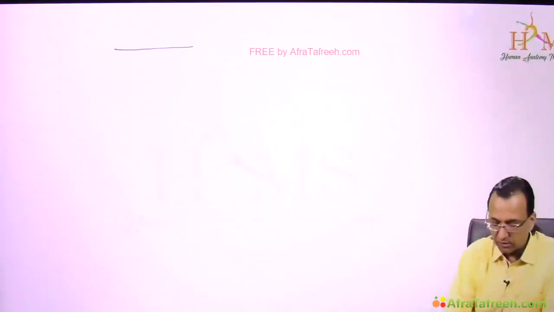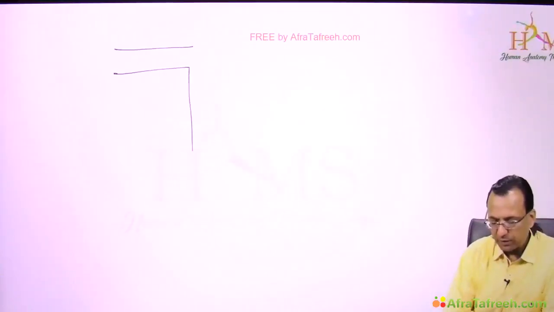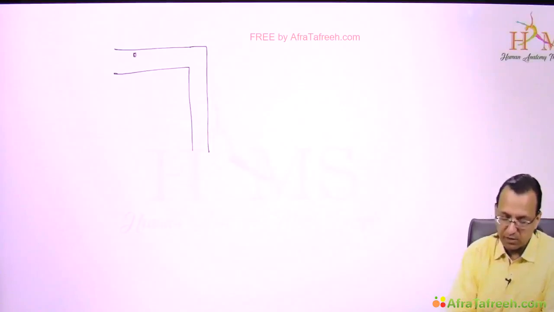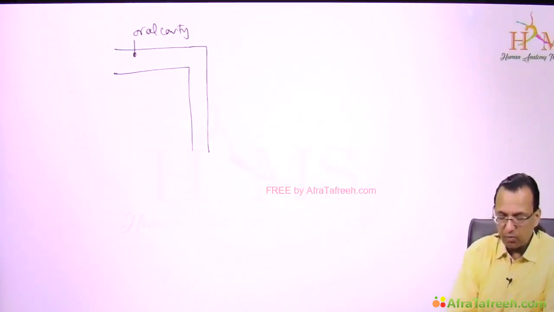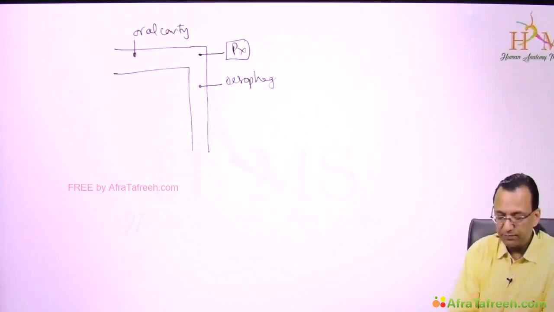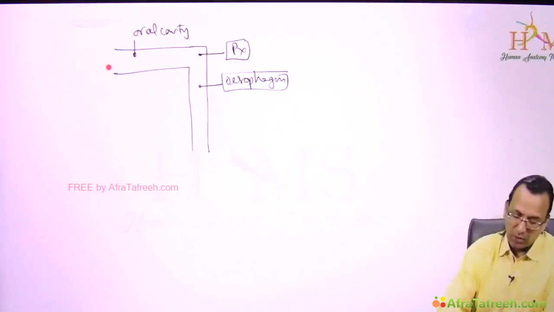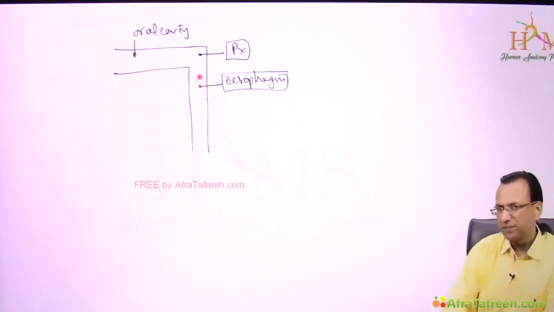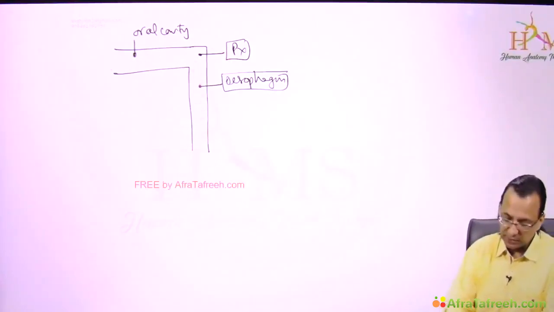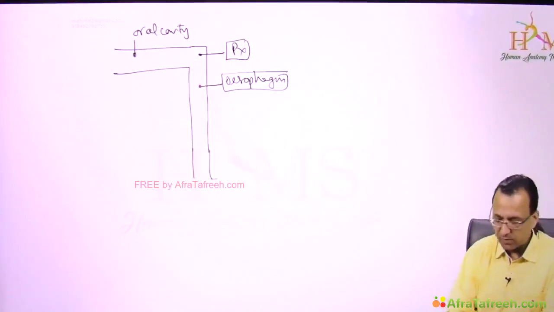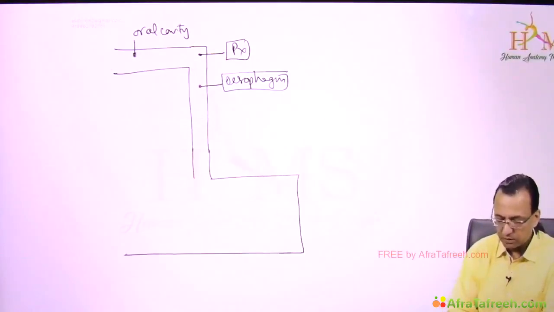This is the gut tube. Which part of the gut tube are you looking at? This is the oral cavity, which will continue as the pharynx, will continue as the esophagus, will continue as the stomach, and the stomach will continue as the small intestine.